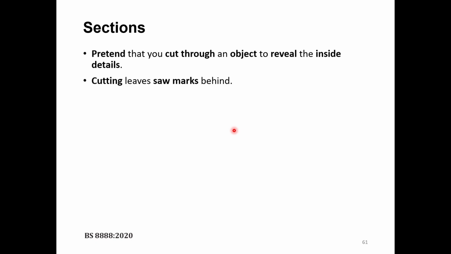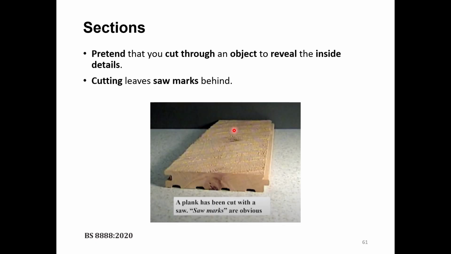So in here, we're going to pretend that we cut through the object to reveal the internal components inside and to show the internal details of a component. The idea is that when we just pretend or imagine that we cut through a component, the saw that we use leaves some kind of marks, like saw marks, behind on the cutting section or cutting plane.